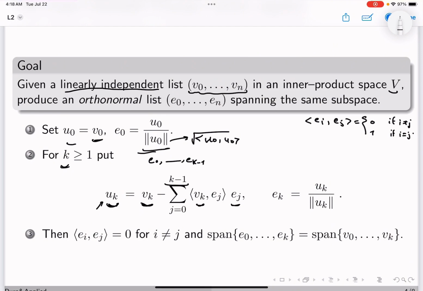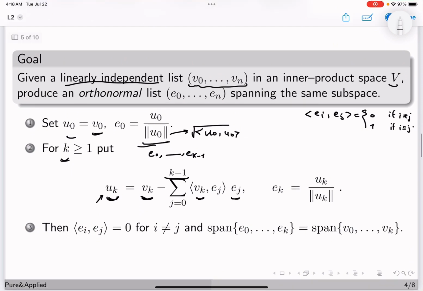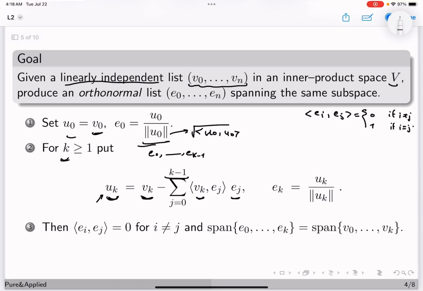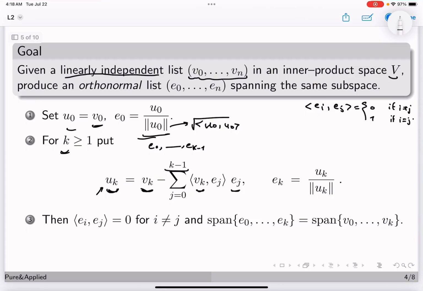Okay, so the details are left to you, and you can check my video. I'm going to leave a link to it in the description. But this is the process, and this is how we can introduce the orthonormal list. And at the end, when we introduce the uk, we normalize it just as we did in step 0.